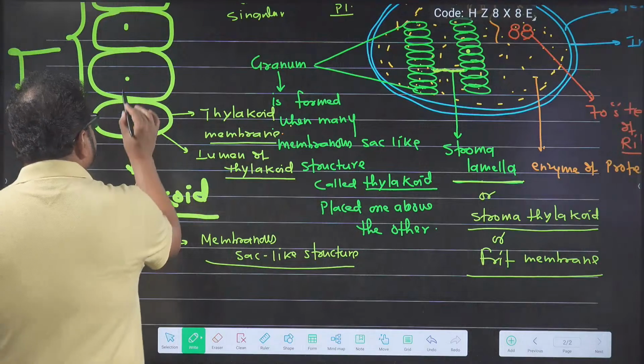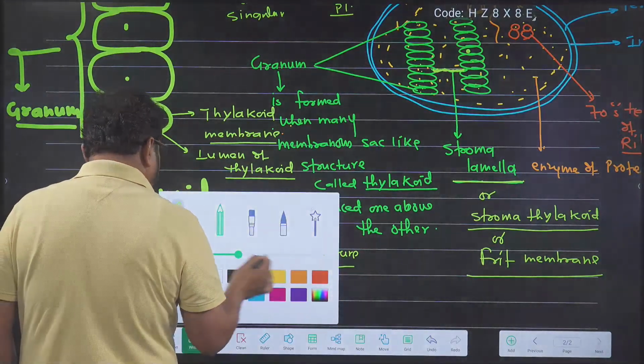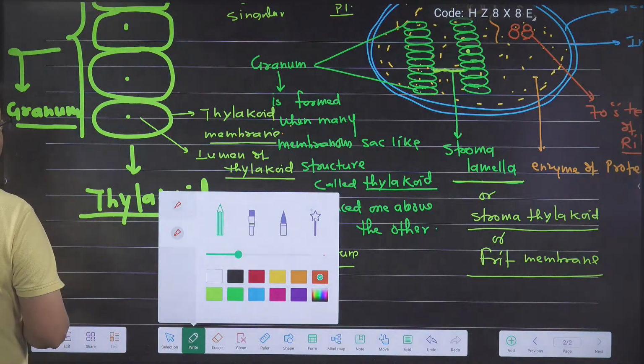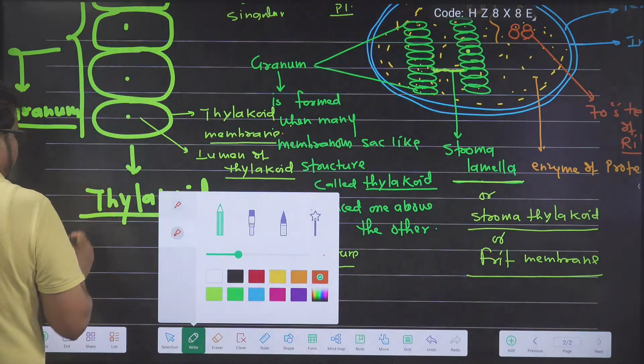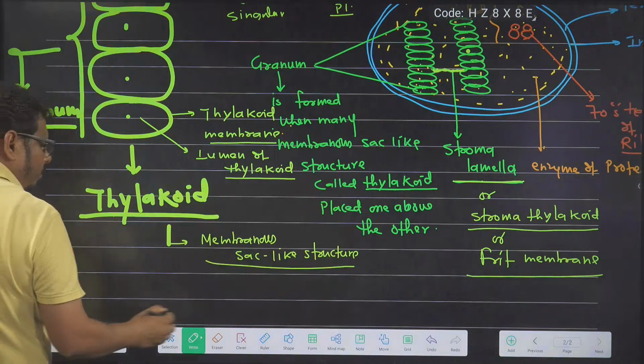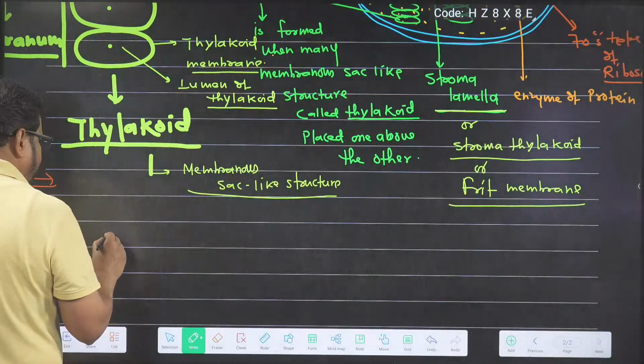Now what is present inside this membrane? Right now I am not telling you in much detail. When we teach the photosynthesis chapter, I will tell you in much detail. Simply right now I am writing: photosynthetic pigments are present in the thylakoid membrane.